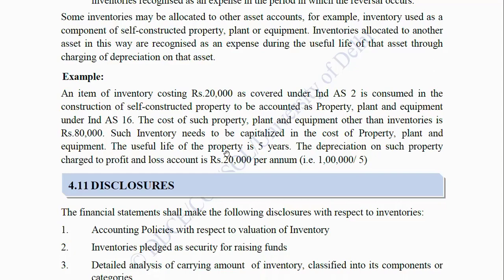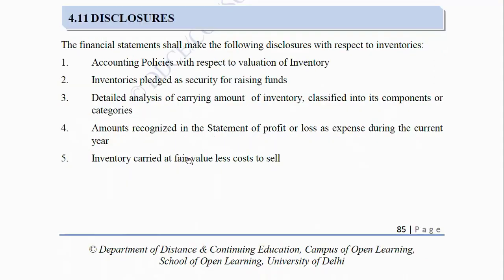Such inventory needs to be capitalized in the cost of property, plant and equipment. The useful life of the property is 5 years. The depreciation on such property charged to P&L is rupees 20,000 per annum, that is 1 lakh divided by 5.